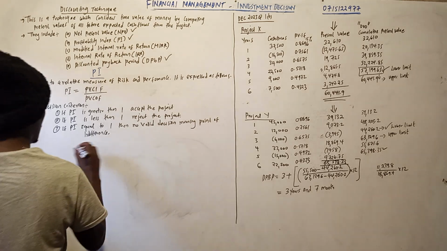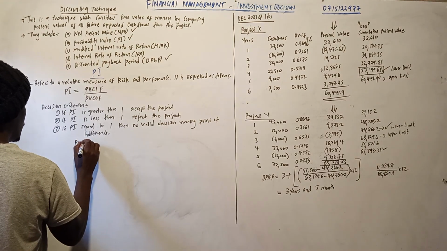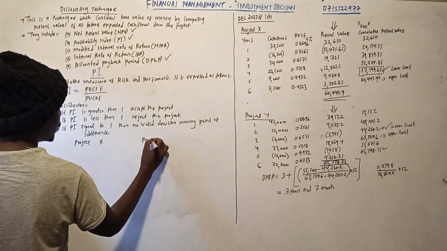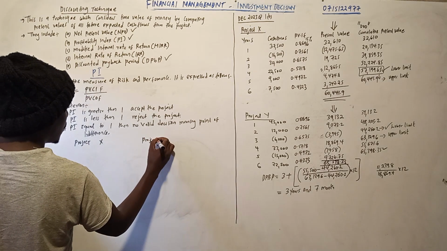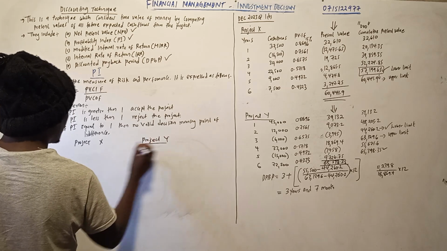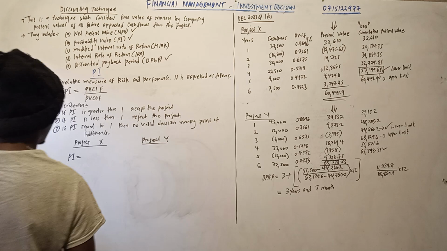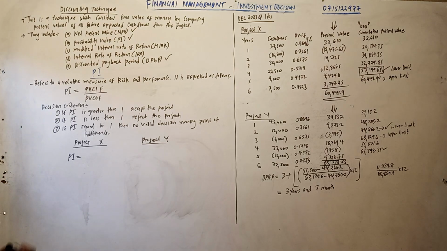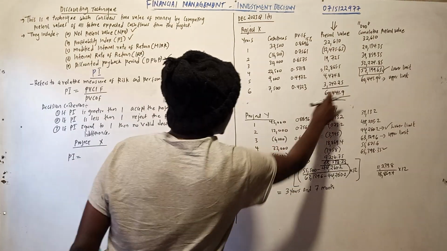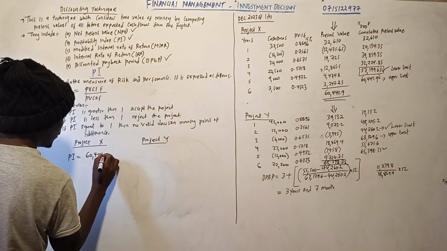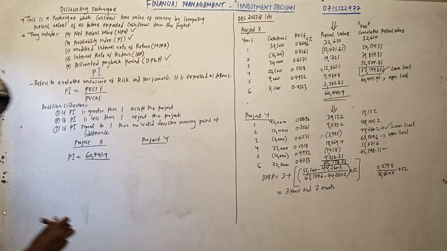Now, let's do project X and project Y. So PI, tunajua ni present value cash inflow. Tukianza na project X ndio hii hapa, 16,441.9 divided by the cost.